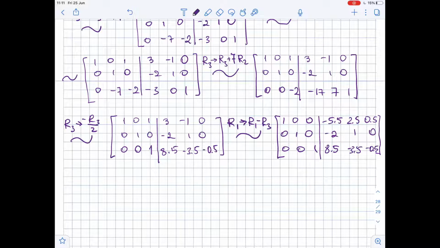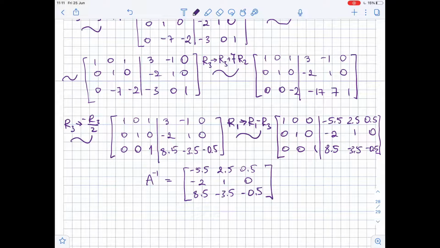So this is our inverse matrix right here. So A inverse equals negative 5.5, 2.5, 0.5, negative 2, 1, 0, 8.5, negative 3.5, negative 0.5.